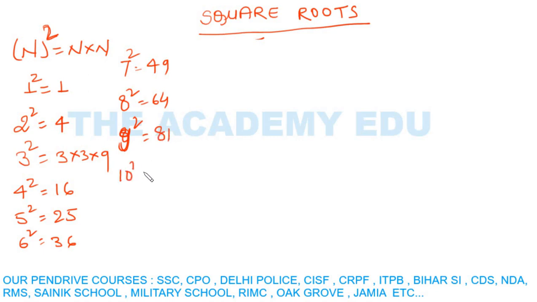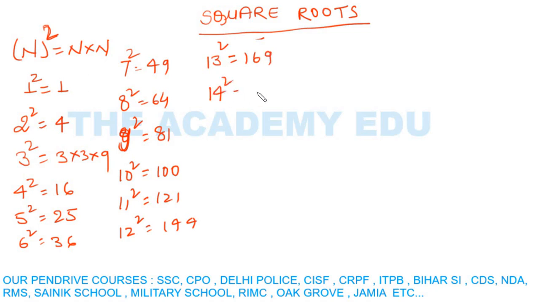The square of 10 is 100. The square of 11 is 121. The square of 12 is 144. The square of 13 is 169. The square of 14 is 196. The square of 15, 225.